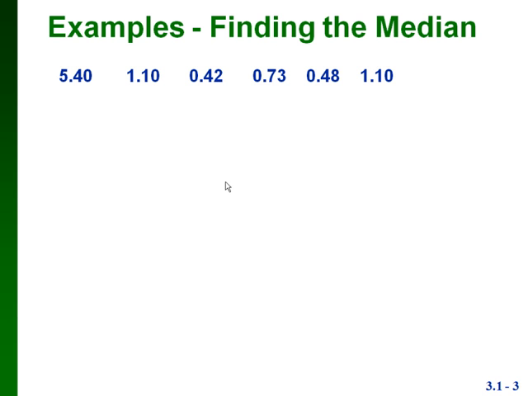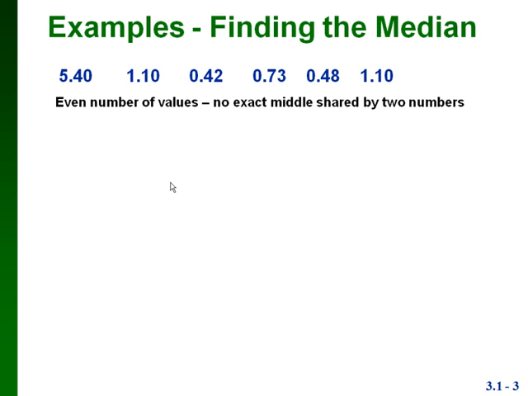So here are some examples. We want to find the median of this list of numbers. So first, we look at the fact that there are 6 of them. That's an even number. So once we get our list sorted, we're going to want to take the 2 in the middle and find the average of those two values.